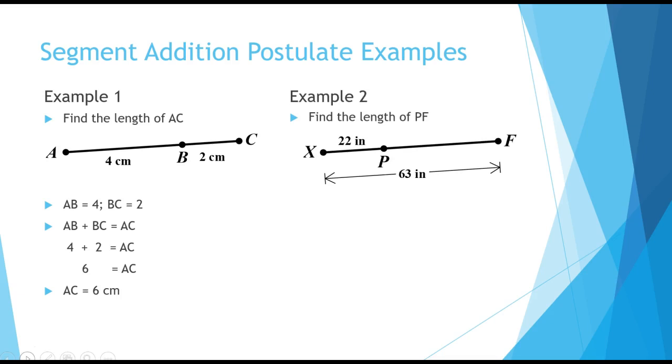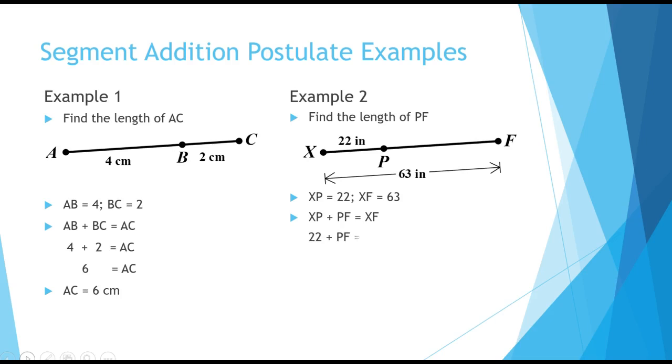We're going to find the length of PF. So this problem is a little different. This time, we know one of the little parts, 22, and we know the large measurement, which is 63. For this problem, our segment addition postulate is XP plus PF equals XF.